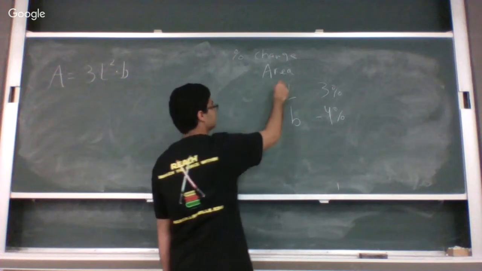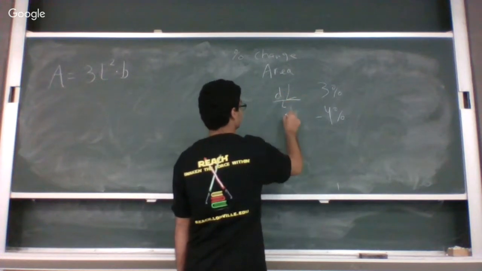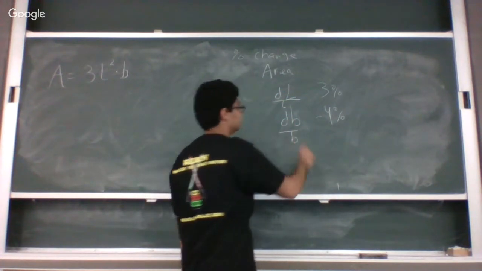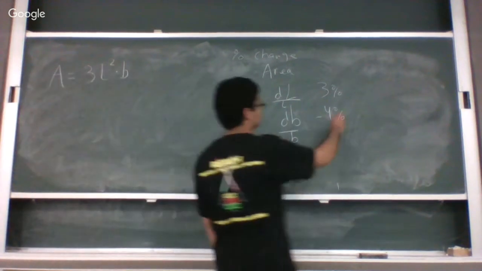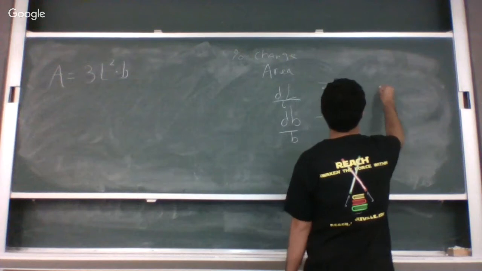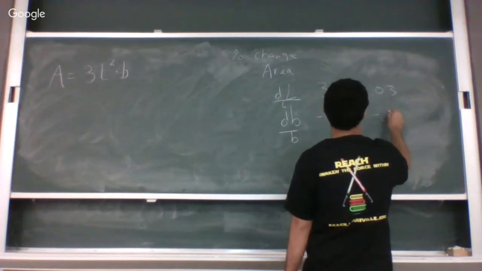So the first thing is to know this is dL over L, and this is dB over B. And if we want, we can even make it 0.03 and -0.04.